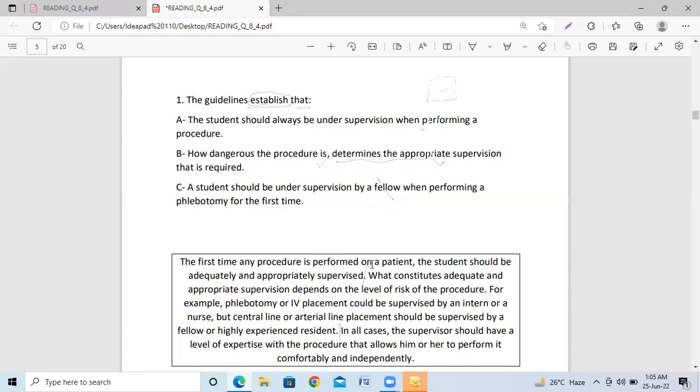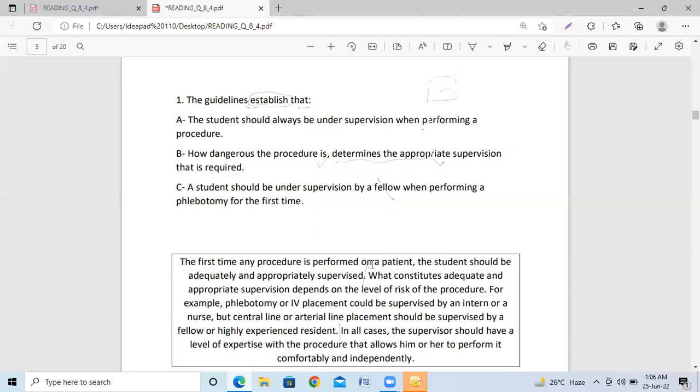Option C: a student should be under supervision by a fellow when performing a phlebotomy for the first time. It does talk about phlebotomy, fellow, and student, but it does not match the whole of this option. They have given phlebotomy as a simple procedure, and a fellow or highly experienced resident is required for complex procedures, those are central line or arterial line.